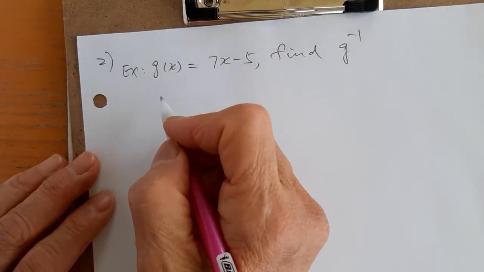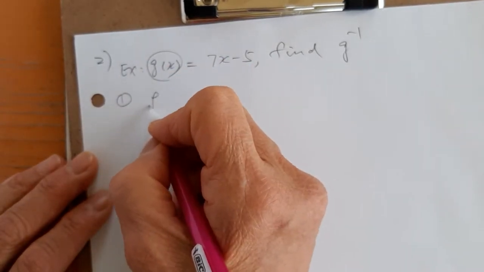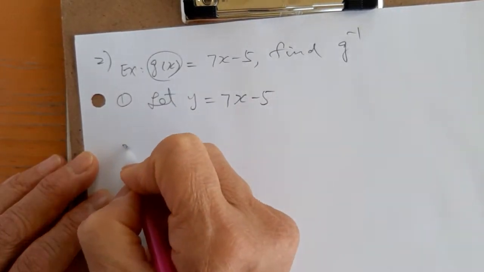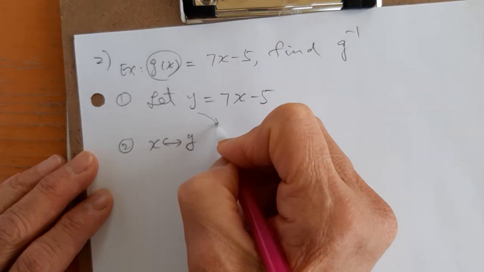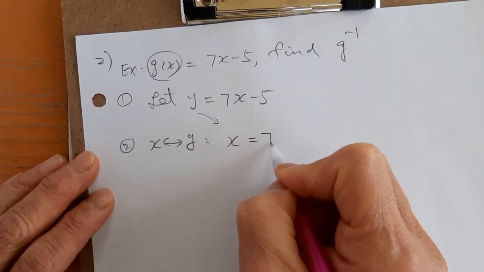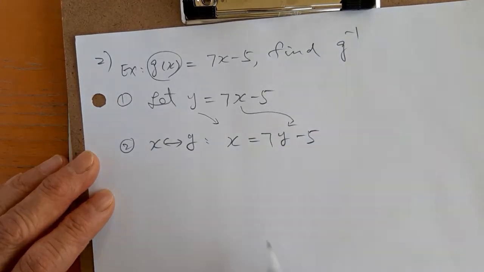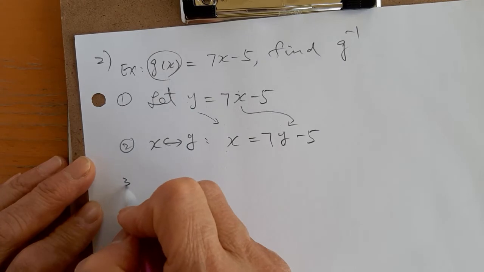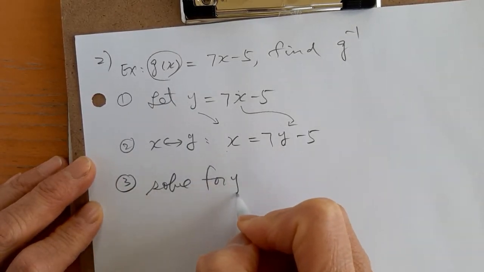Same thing. First step, change g of x to y: y equals 7x minus 5. Second step, exchange x and y: change y to x, x to y. The third step, you solve for y, isolate the y.